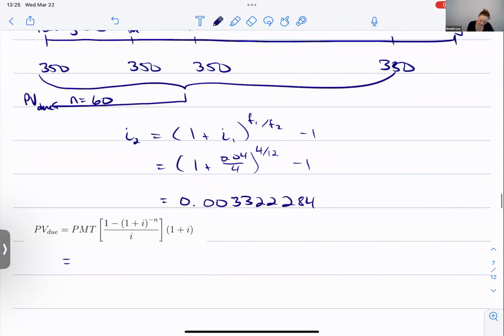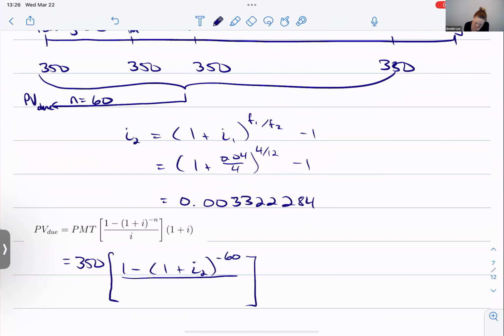So the payment amount is 350 times (1 minus (1 plus I2) to the power of minus 60), close the big brackets, over I2 times (1 plus I2). Because I already solved for I2, I'm just going to write I2. Okay, it's the only change.